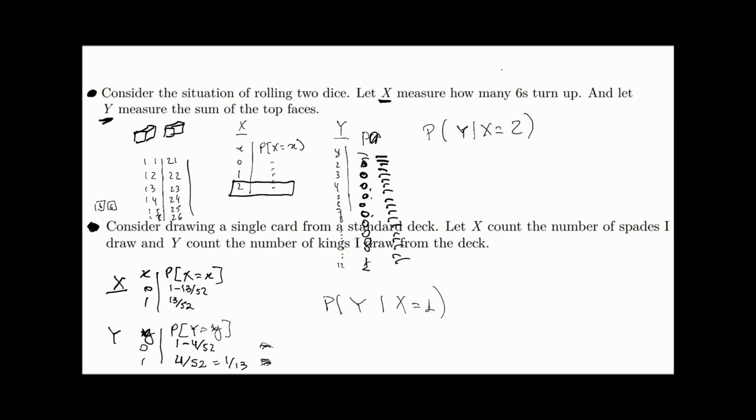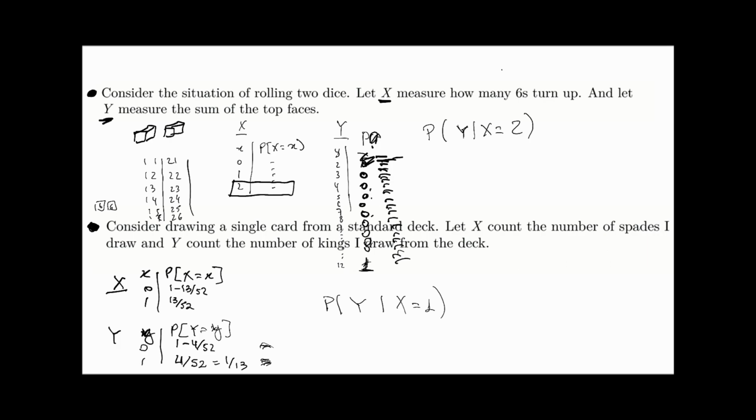So the probability of being 2, well, it's 1 over 36. So that would be a number here. But when I know that x is equal to 2, well, that changes. The PDF of this conditional changes, and now you have to have 12 as a sum.